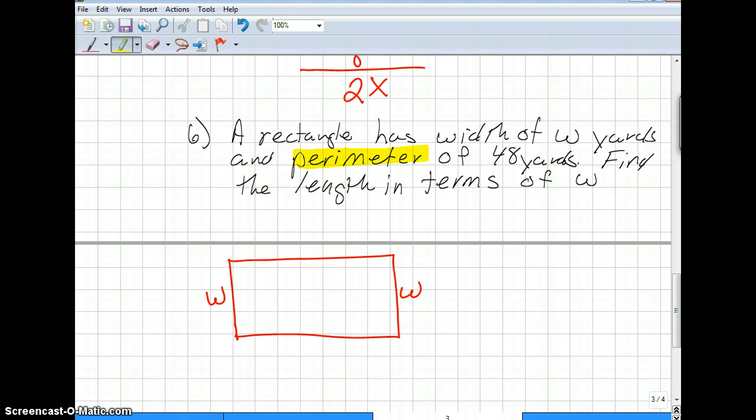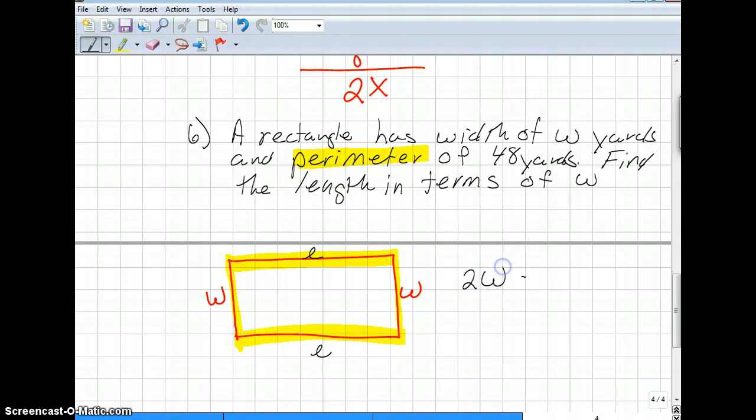Perimeter means the distance all the way around, adding up all these distances. And let's go ahead and name these the length. So what is the formula for perimeter? Well, I know all the way around is 48, but I'm adding up all the sides, so I have 2 W's to add up plus 2 L's to add up, and that's going to equal 48.